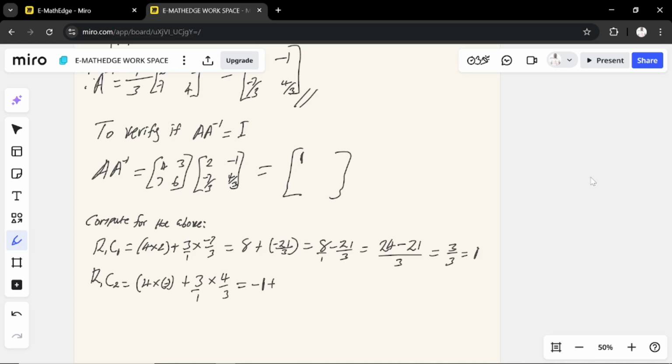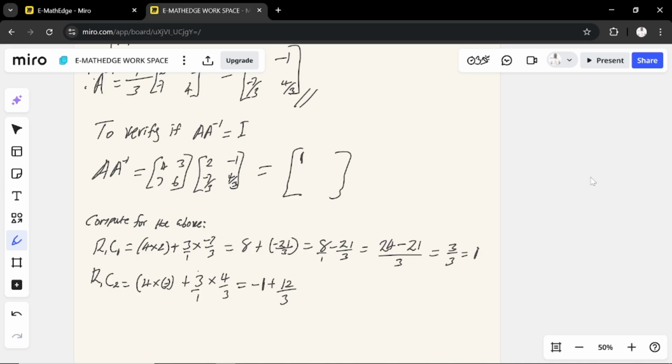Plus. Now let's deal with this fraction, which is 3 all over 1 multiplied by 4 all over 3, such that multiplying the numerator, we are going to have it to be 4 multiplied by 3, which is going to give us 12, all over multiplying the denominators, which is 3 and 1, is going to give us 3.